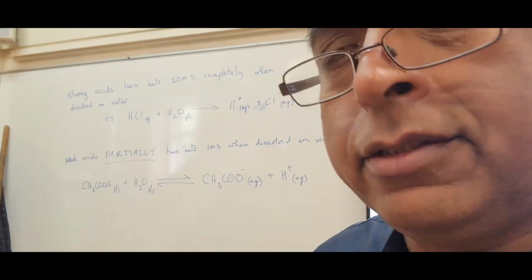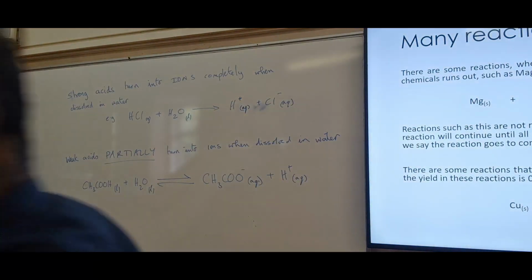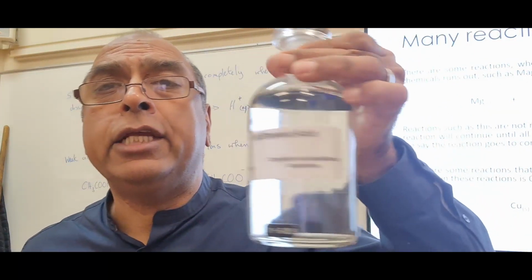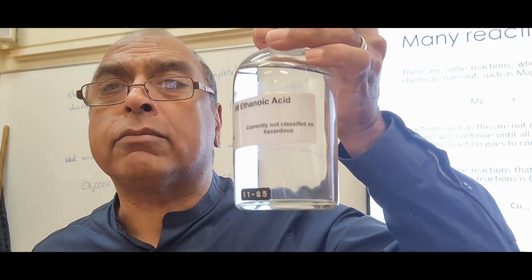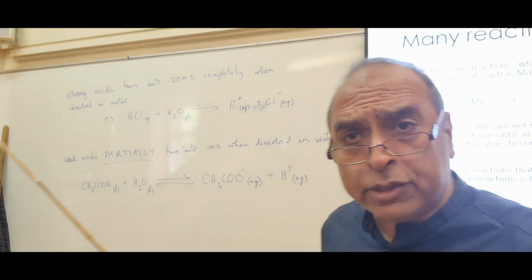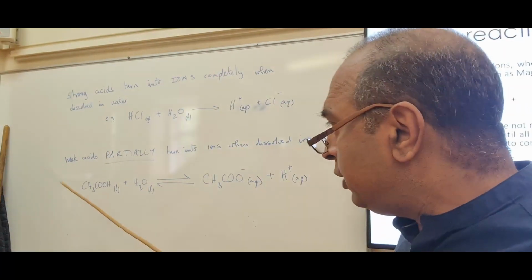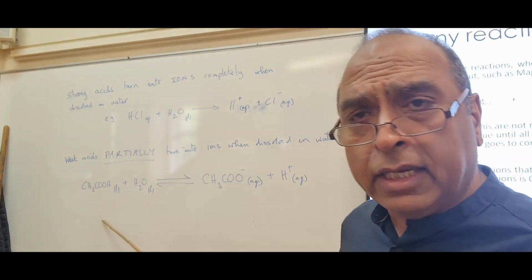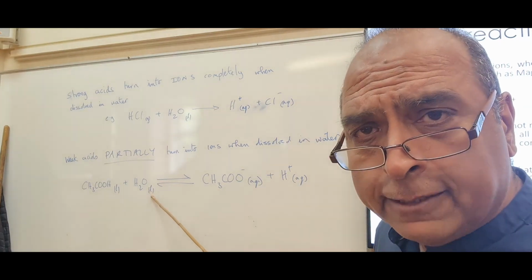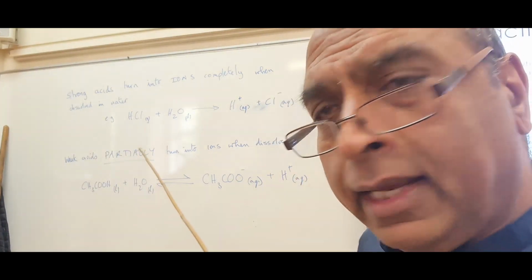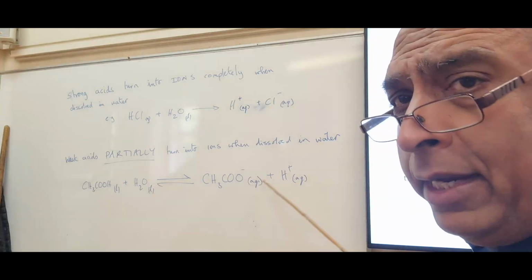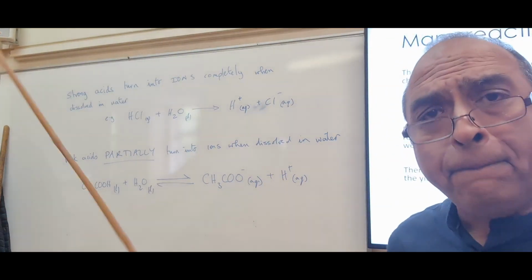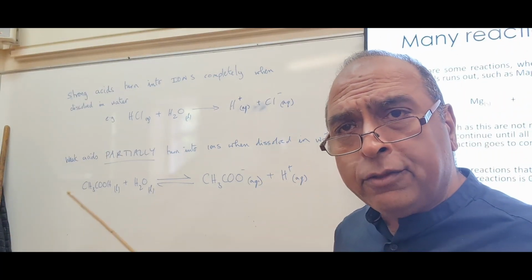In contrast, we introduced you to some weak acids, and the most famous weak acid you've come across is ethanoic acid. Now, to make ethanoic acid solution, which is vinegar, you take pure ethanoic acid, which is a liquid, add it to loads of water, and then what you find is that you make these two ions, the ethanoate ion and the hydrogen ion, but you don't make them completely.